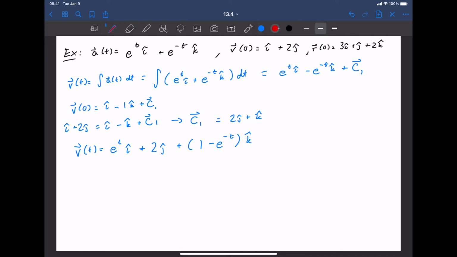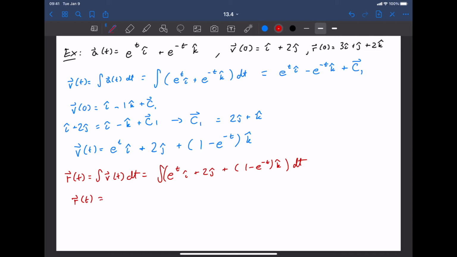Like now. So r of t, the position function, would be the antiderivative of the velocity vector, which is, again, what we just wrote up there, plus 2j hat, plus this group in the k hat direction, with respect to time.